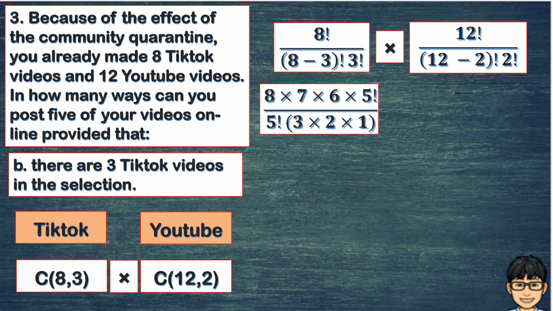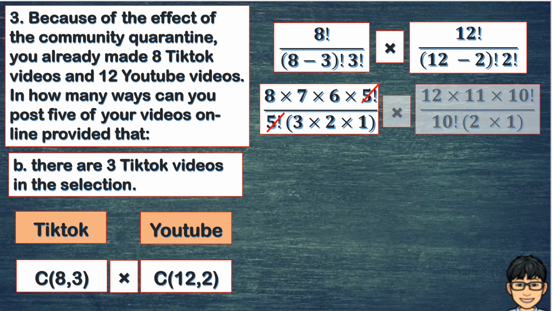To simplify, we have 8 times 7 times 6 times 5 factorial all over 5 factorial times 3 times 2 times 1. So in this case, we can now cancel 5 factorial times 12 times 11 times 10 factorial all over 10 factorial times 2 times 1.